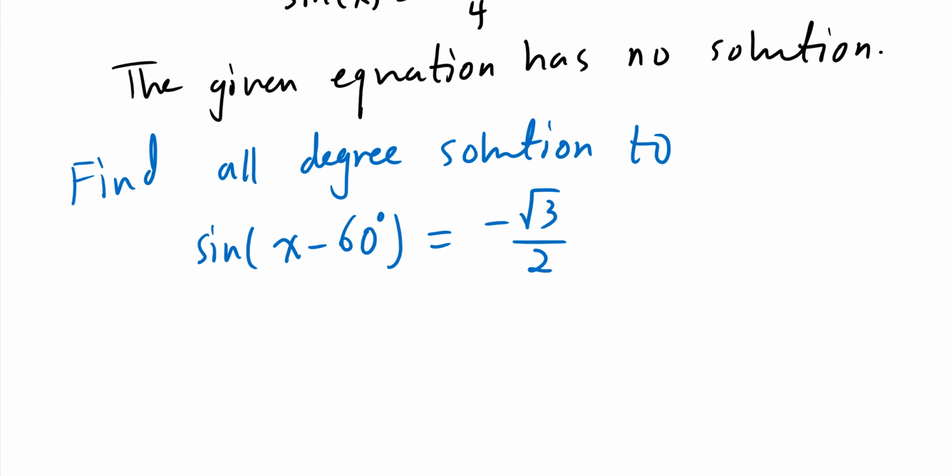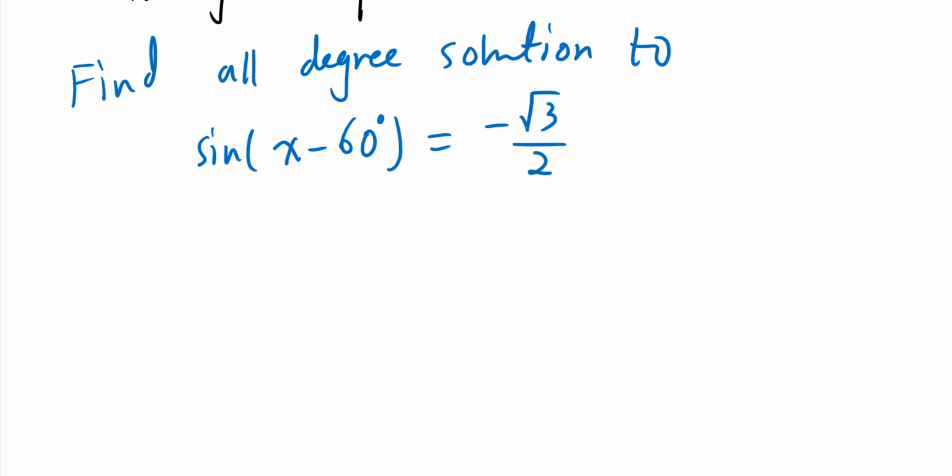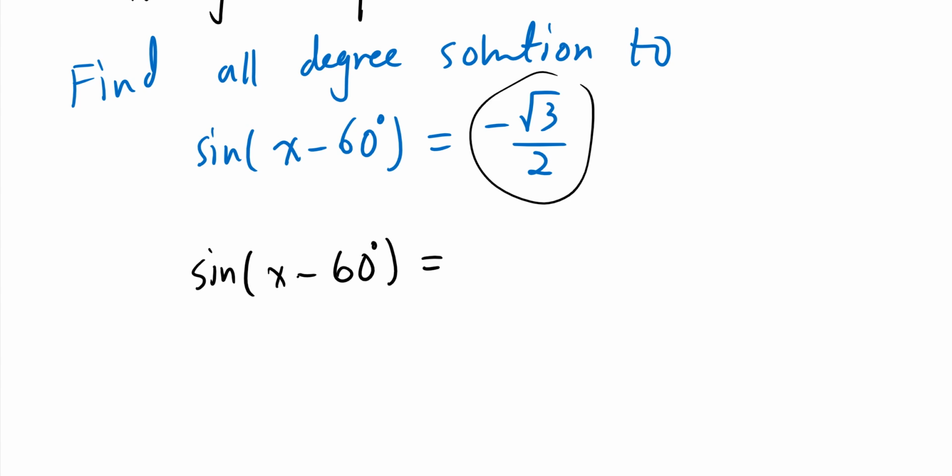So always, the first step, can I find an angle whose sine is negative root 3 over 2? This comes from the tables that we went over many times in the previous sections, or if you know the unit circle. So if you look up on the unit circle, this is sine 240. That's the smallest angle whose sine is negative root 3 over 2.